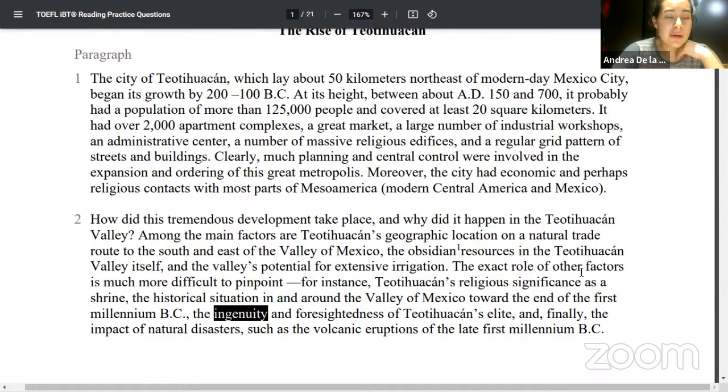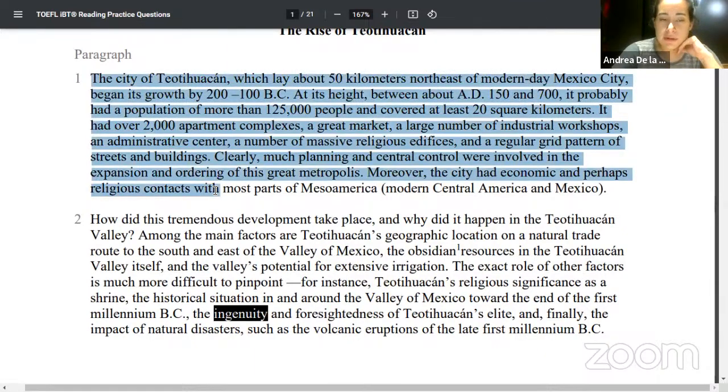Guys, so I hope you haven't read everything. Can you guys tell me what the first paragraph is about? Or what is its purpose? Why is it there?